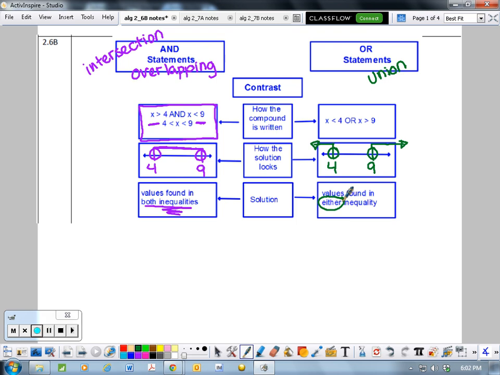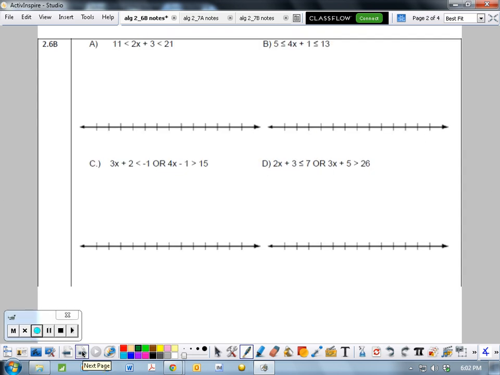So that's just our little review of our compound inequalities. We're going to go ahead and practice how to solve some of these. Our first two are the AND ones. They're put together in the same inequality, and remember that what you do to one side you have to do to the other two sides here, because there's three sides. So here I'm going to subtract 3 on all three sides.